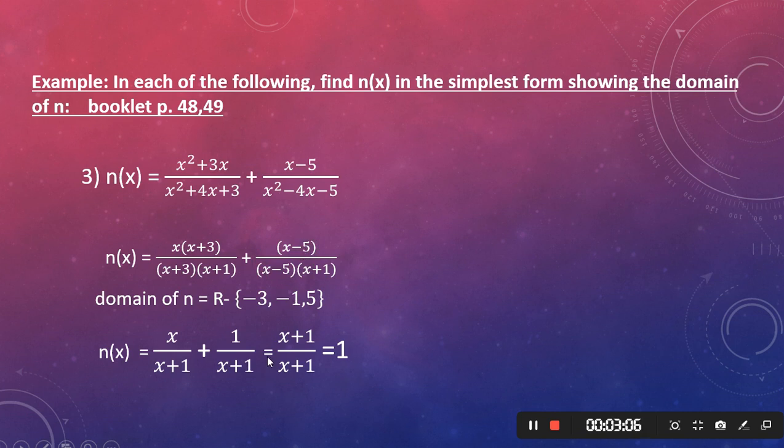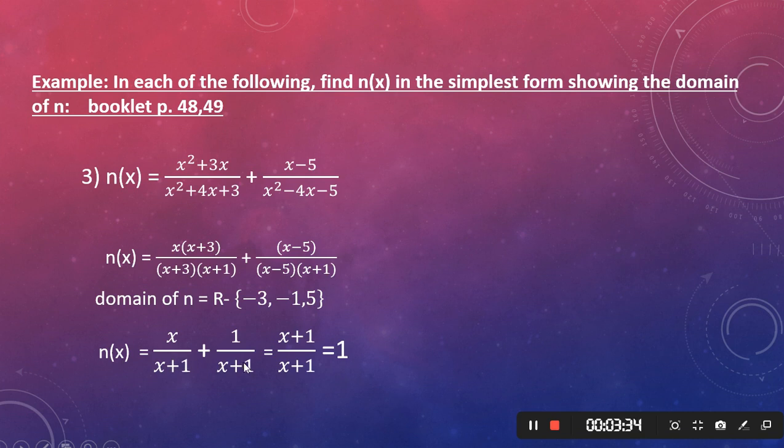When we studied the adding of fractions in primary 3 and primary 4, if the fractions have the same denominators, like 1 over 7 plus 3 over 7, we put 7 as it is, and we add the numerators. Today we will do the same thing. The two fractions have the same denominators, x plus 1.